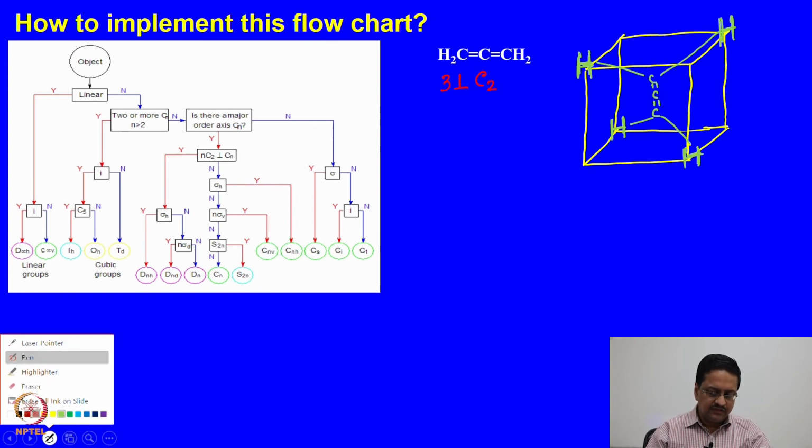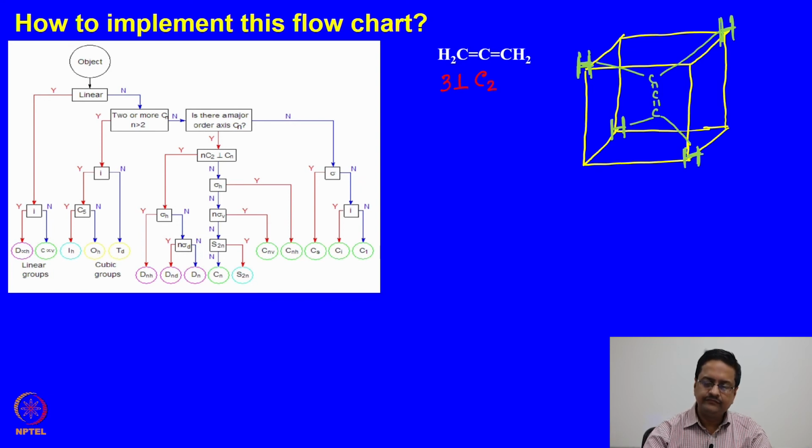Now, if I try to draw the symmetry elements, there is a C2 which is passing through the center of this cube and passing through the CC bond is one C2.